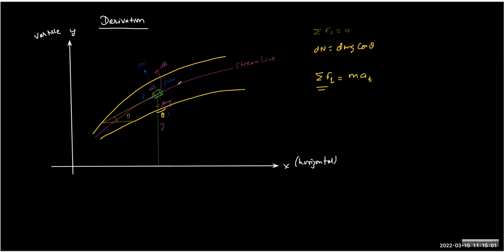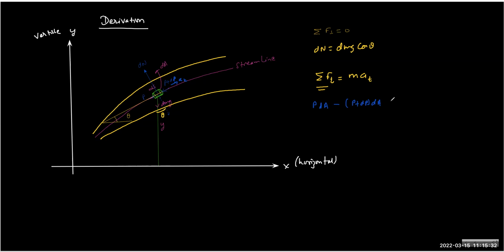This particle is moving along this direction, right? Towards the right. So what is the net force acting in that direction? It is PdA. Let's say that dA is the cross-sectional area. PdA is the push force towards the motion, minus P plus dP into dA, because that is pushing backward. So the net force along the tangent is this much.